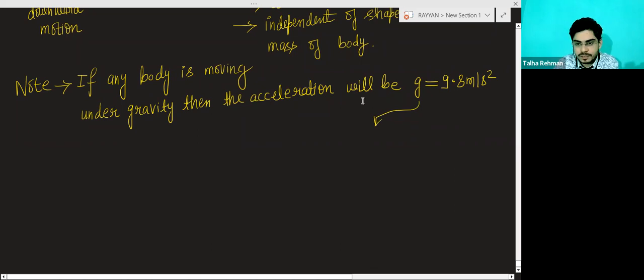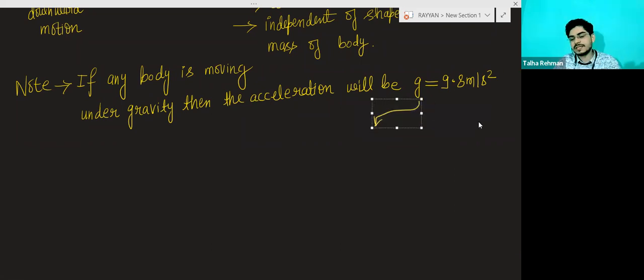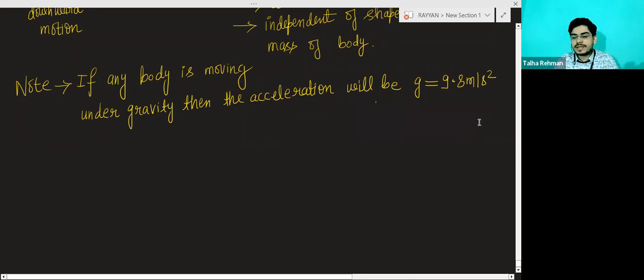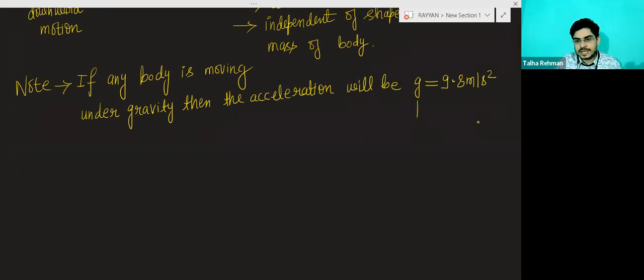Simply remember, if there is a motion under gravity, then there will be the acceleration due to gravity.